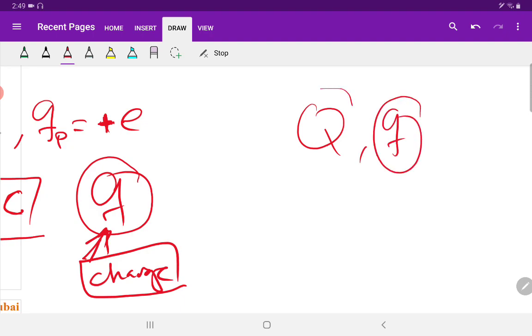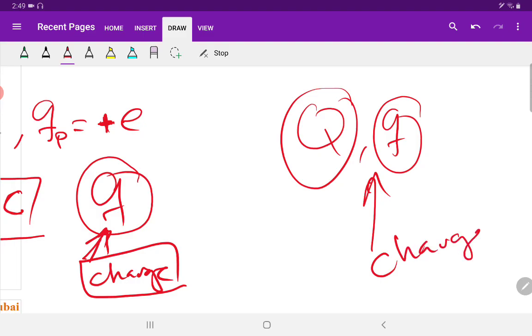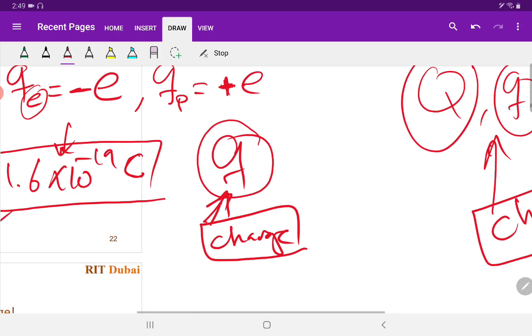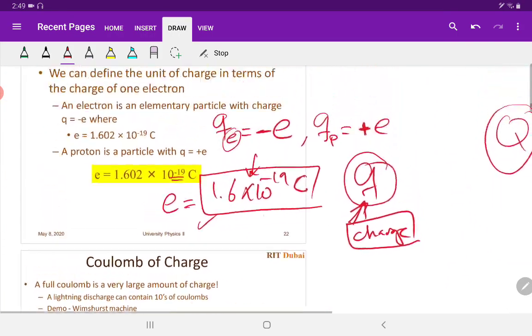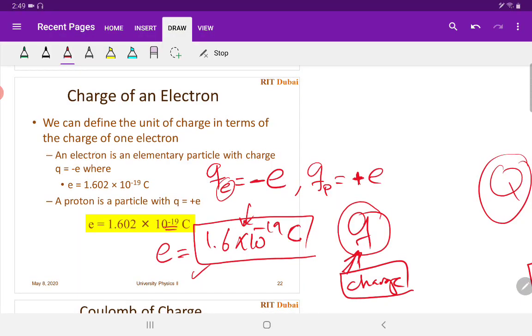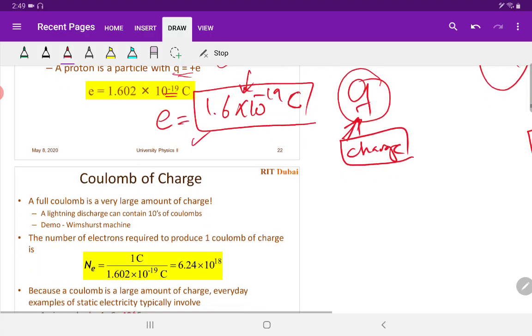Whenever you see Q here, it means we are dealing with charge. And this charge should be a multiple of the electron charge. The electron is the elementary particle with a charge minus e. The proton has the same magnitude but with a positive charge.